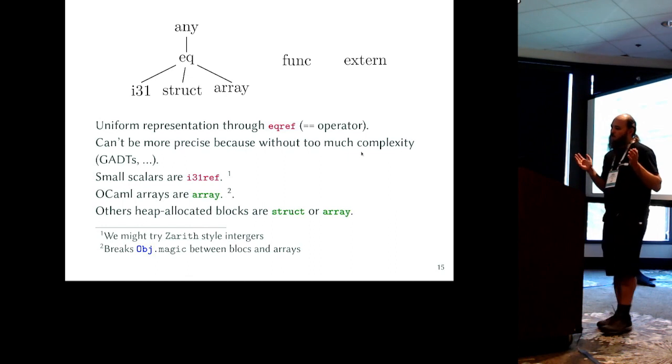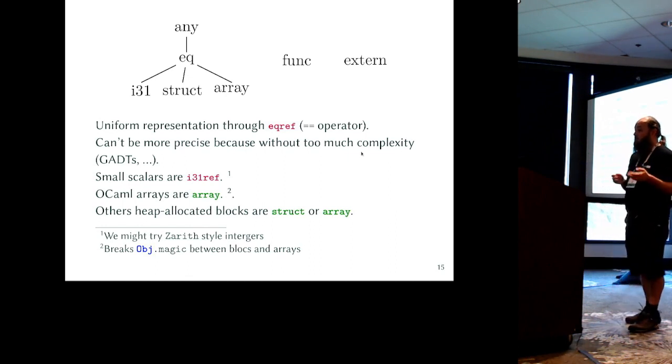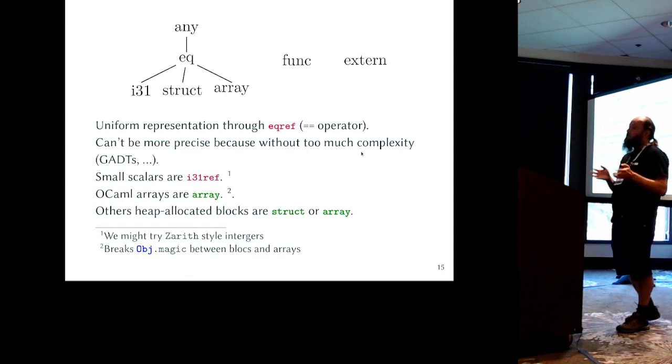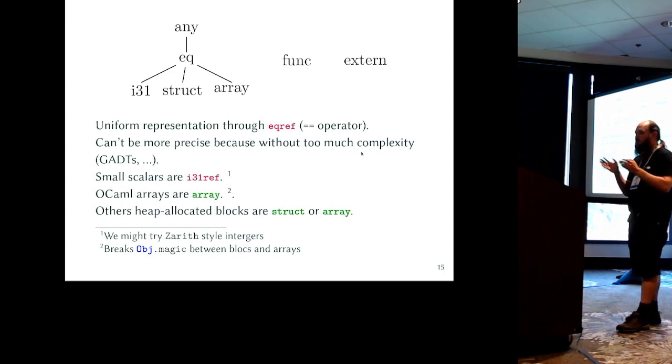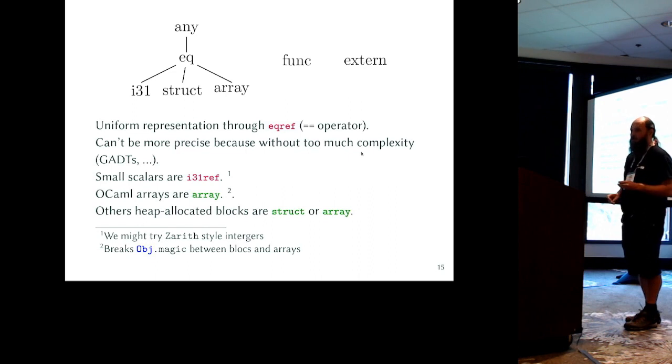So, for the basic values, we use something that is a struct. And for small integers, we use i31ref, which is something that fits into a pointer or a standard value in WebAssembly, and which is also compatible to a structure.